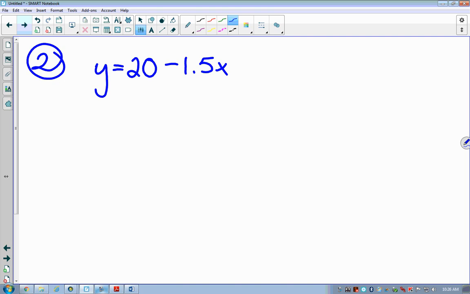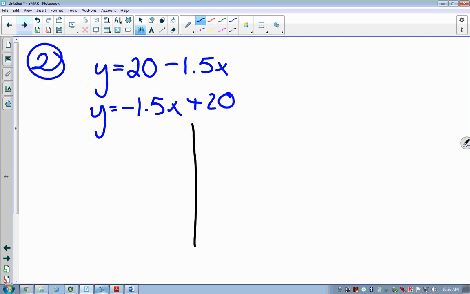Now, what might I want to do to rewrite that equation so that I could graph it? Plus 20. Okay? Now, I'm not going to go to great lengths to do a bunch of this, but my y-intercept should be at 20, right? I should be able to show maybe 5, 10, 15, 20 or something to that effect.